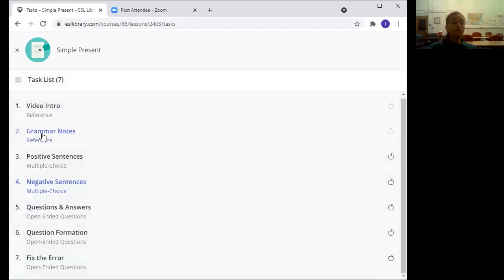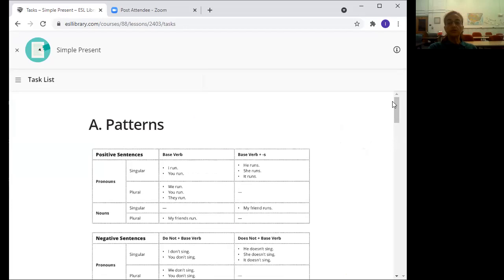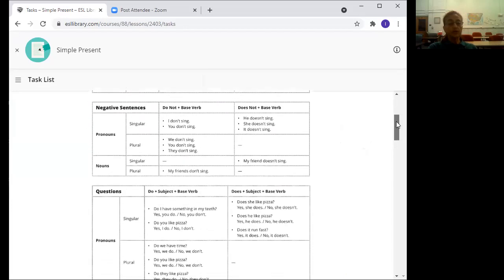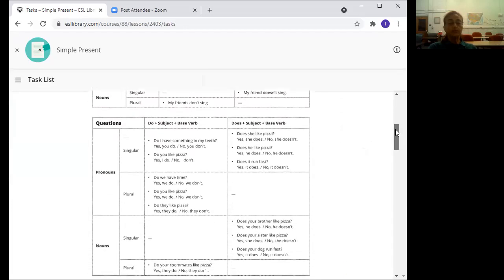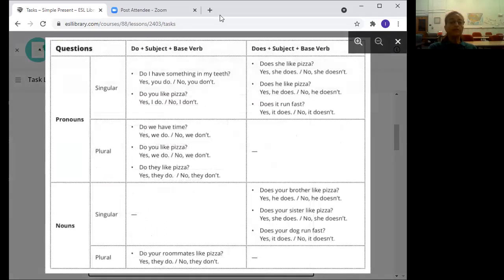And now we're going to go back to grammar notes and we're going to take a look at the questions, how we form questions here. Questions, here we go. Well, when we form questions, we also need to use the helping verb do.